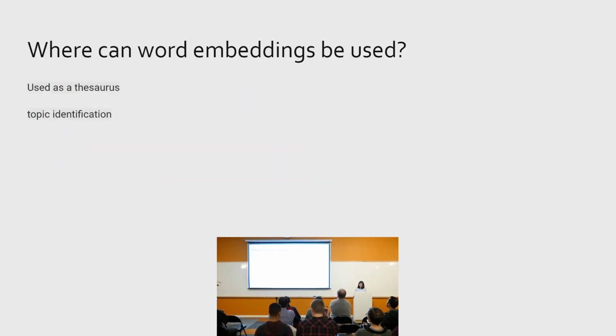So what can we do with word embeddings? Well, we can identify topics. We can use it as a thesaurus. And now we are using it as input to these highly complicated models like BERT, which came out last year, 2018. Another deep learning model by Google, which has been beating all of these tasks that we have in different spaces, like question answering or most of the generic NLP tasks.